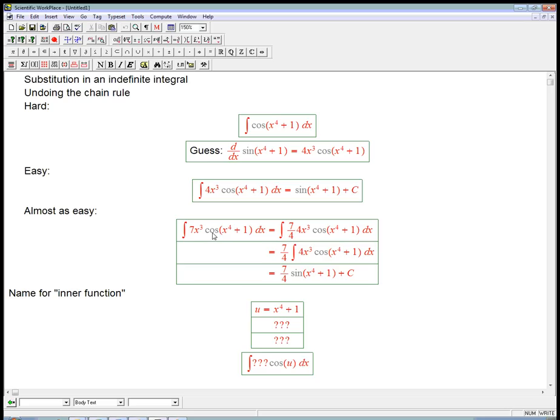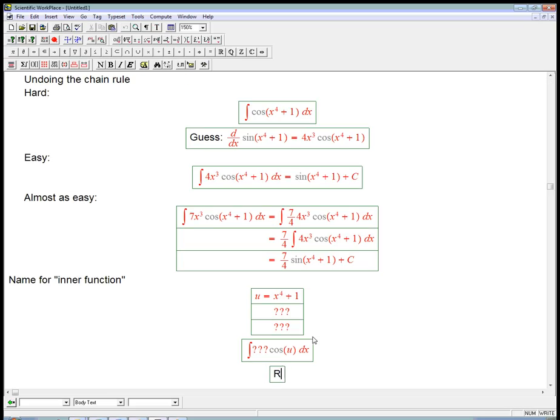Remember what the key thing was? It was that if the 4x cubed were there exactly, that would be wonderful. Why was it so nice? What is the role of the 4x cubed? It was d by dx of the inner function. Oh wait, I have a name for that. That's du dx.